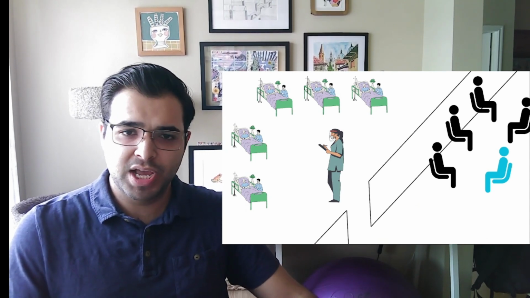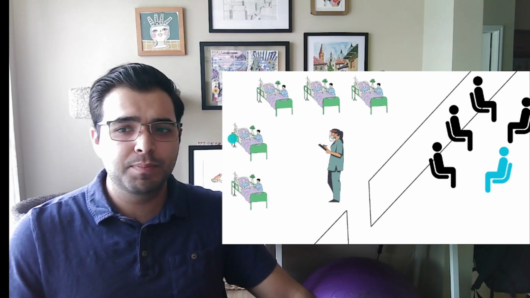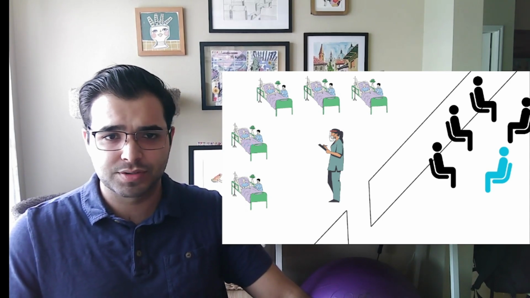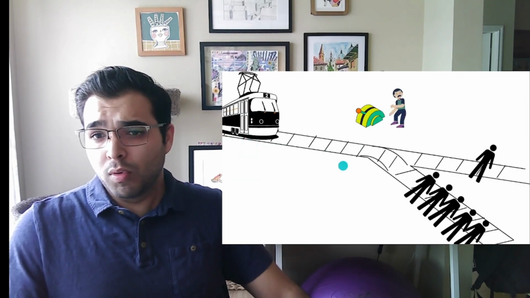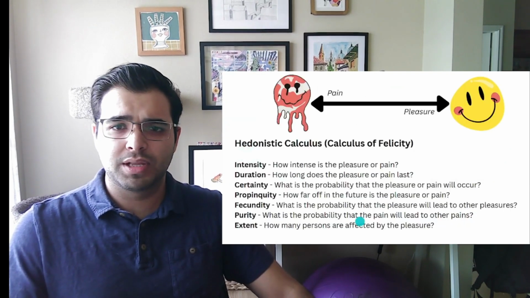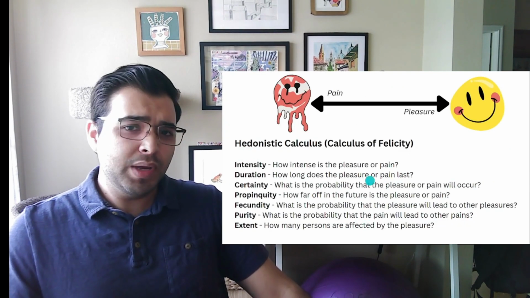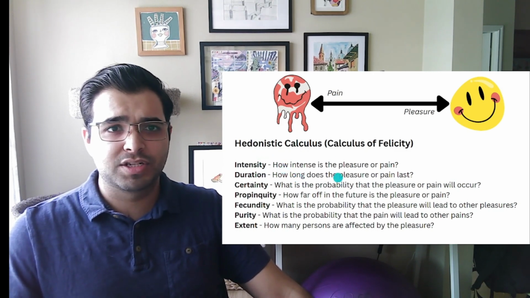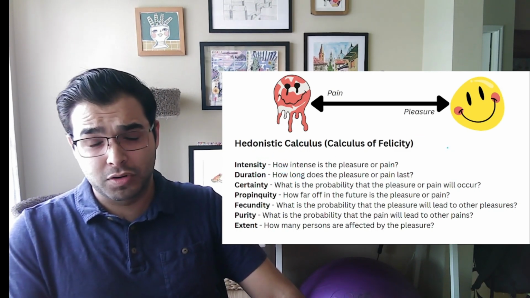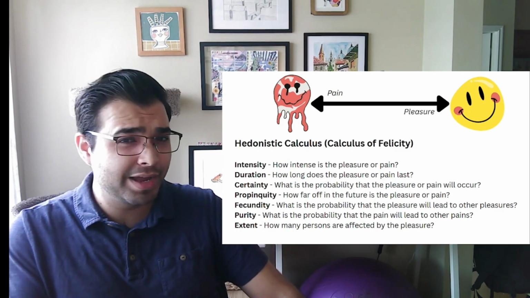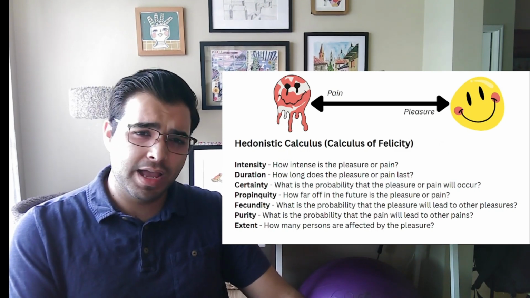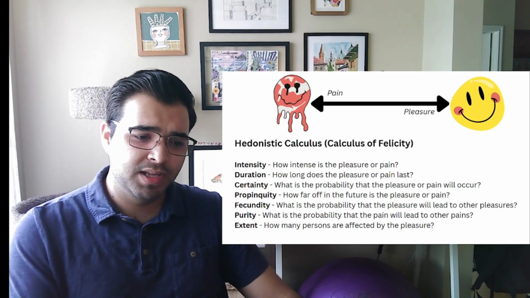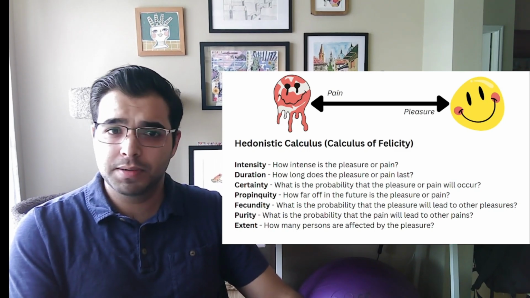So the math has not changed from the original, but perhaps our hedonistic calculus has, right? We know more information than we do in the original example, so we could talk about the intensity of pain that the person who we kill in order to harvest their organs experiences is maybe higher than the suffering caused from organ failure, but maybe not.